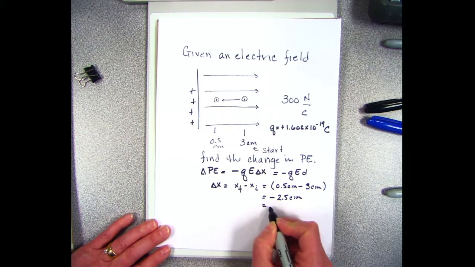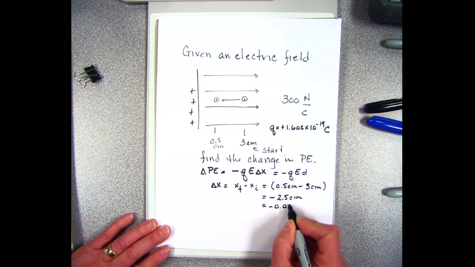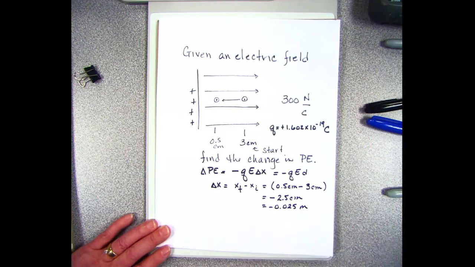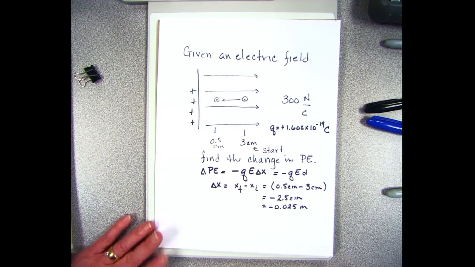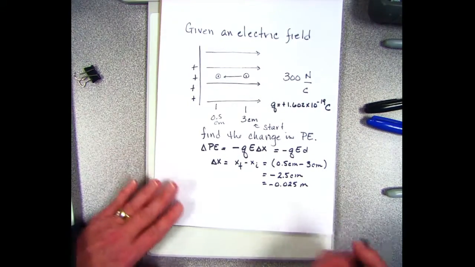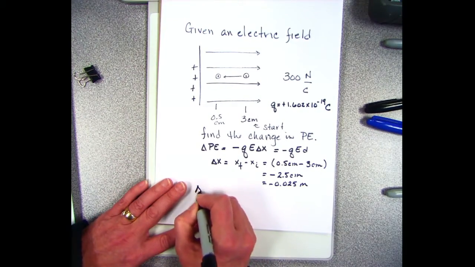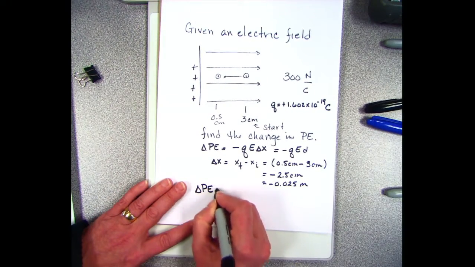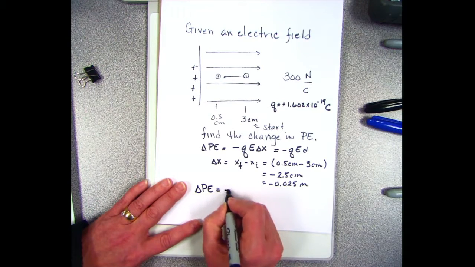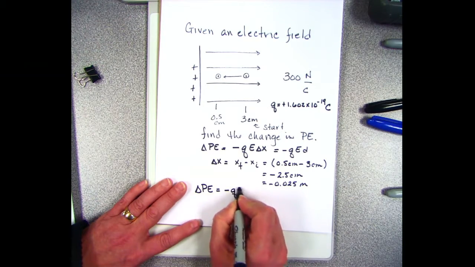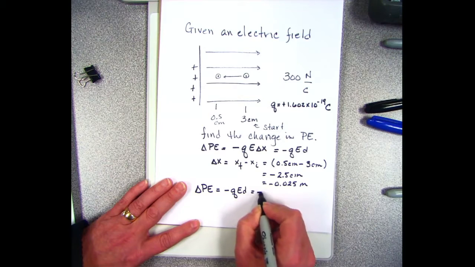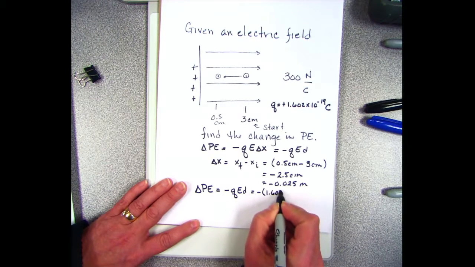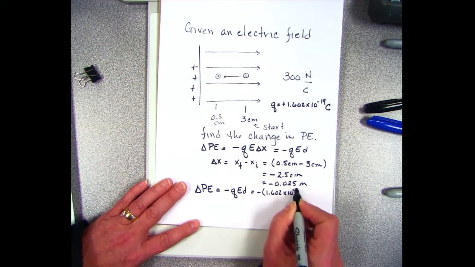So now I can just plug and chug into the equation. My change in potential energy is equal to minus QEΔx, which is going to equal minus 1.602 times 10 to the minus 19. My electric field is 300 Newton per coulomb, and my change in distance is that right there.